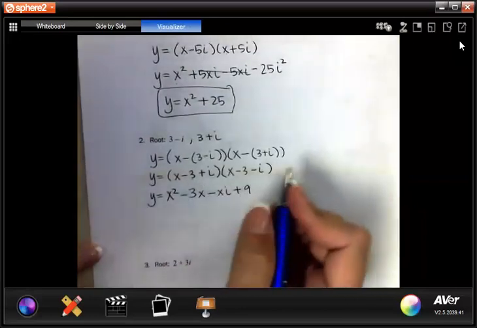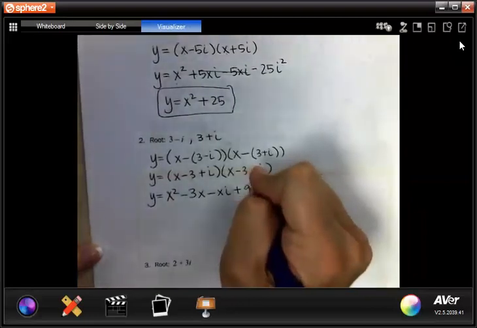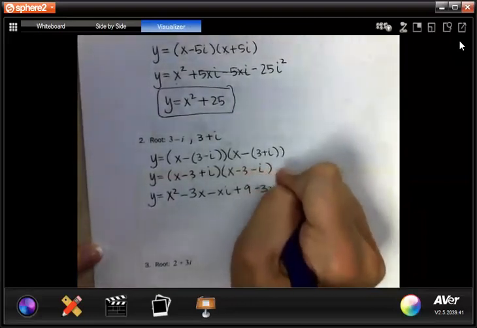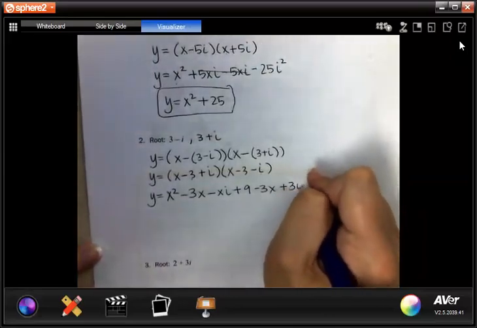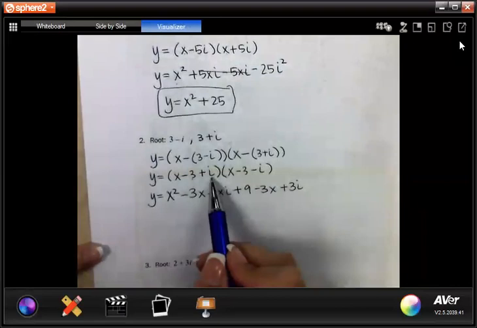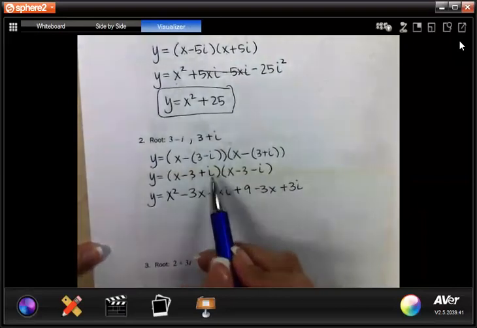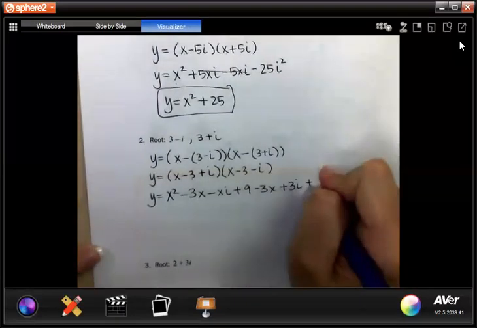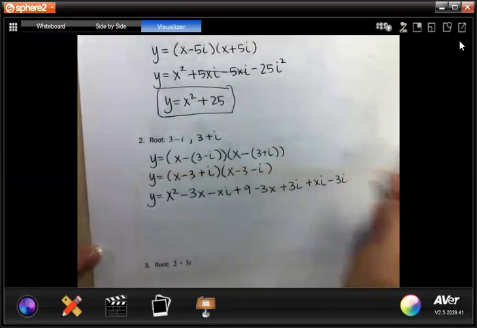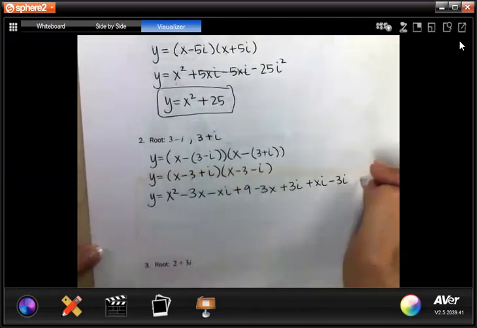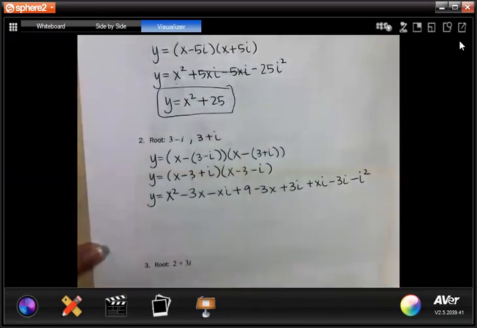Negative 3 times x, sorry, I forgot that one, would be a negative 3x, and negative 3 times negative i gives me a positive 3i. Now we distribute the i: i times x gives me xi, i times negative 3 gives me a negative 3i, and i times a negative i gives me a negative i squared.